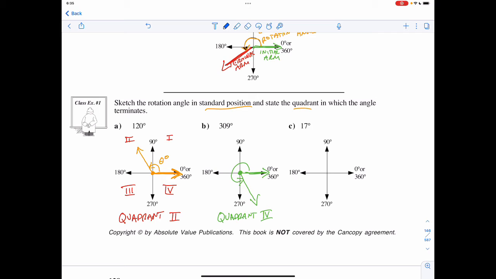For my last example, show the initial arm. It's going to be between 0 and 90, and it's going to be closer to 0 degrees. And that ends in quadrant 1.